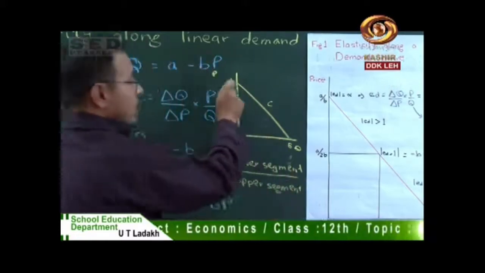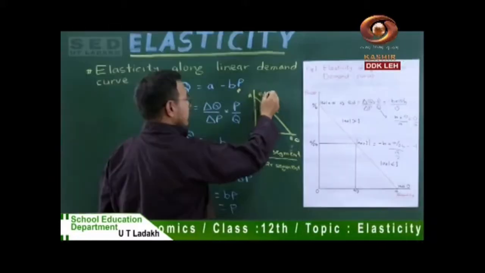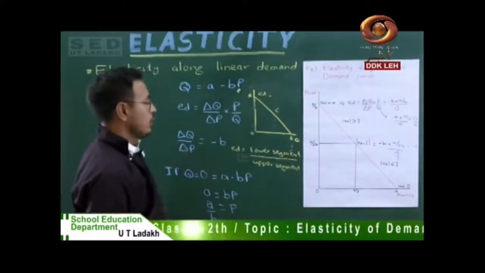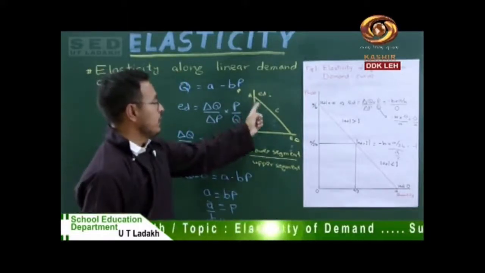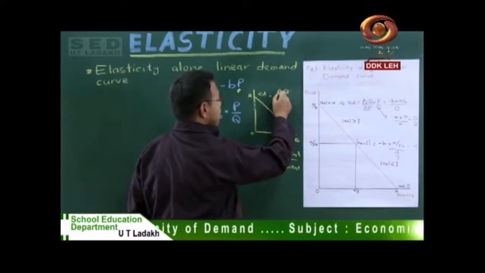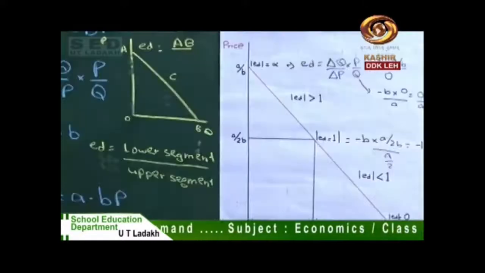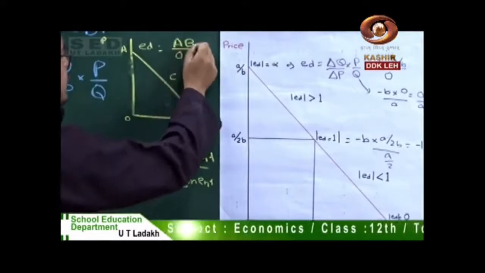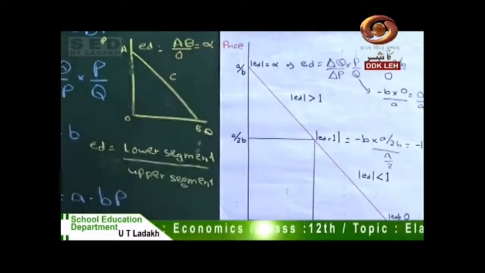Now for example, if I calculate elasticity over here, what is your lower segment? Lower segment is simply AB. And what is the value of the upper segment? Upper segment is 0. It has no value, so it is infinite.